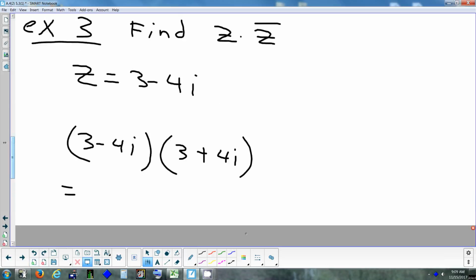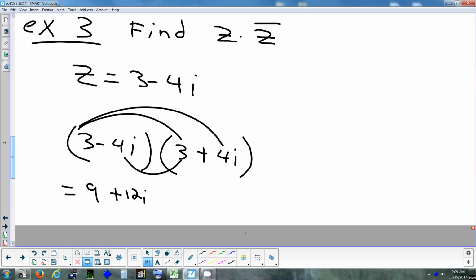Okay, so the first thing I'd do is I'd start with 3 times 3. Zach, what does that give me? 9. And then I'd have 3 times 4i, which is 12i. And 3 times negative 4i. What's that going to be? Negative 12i.